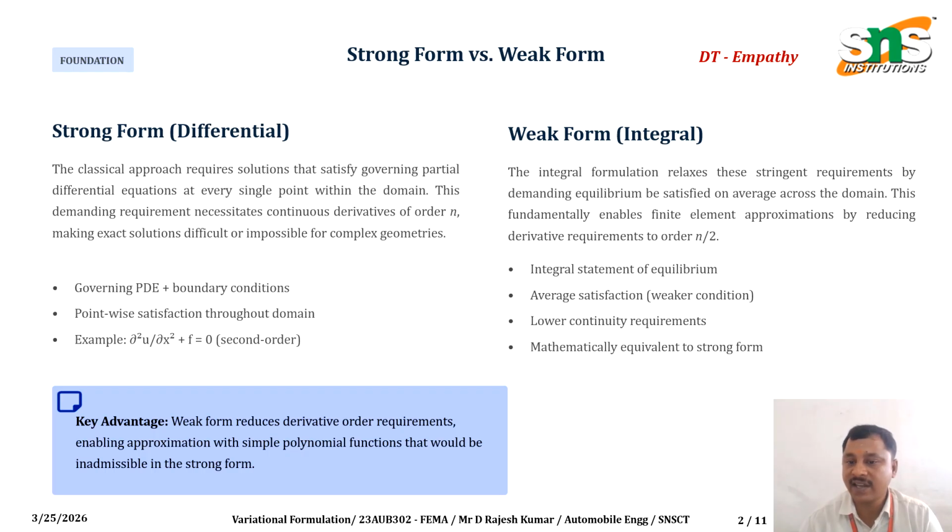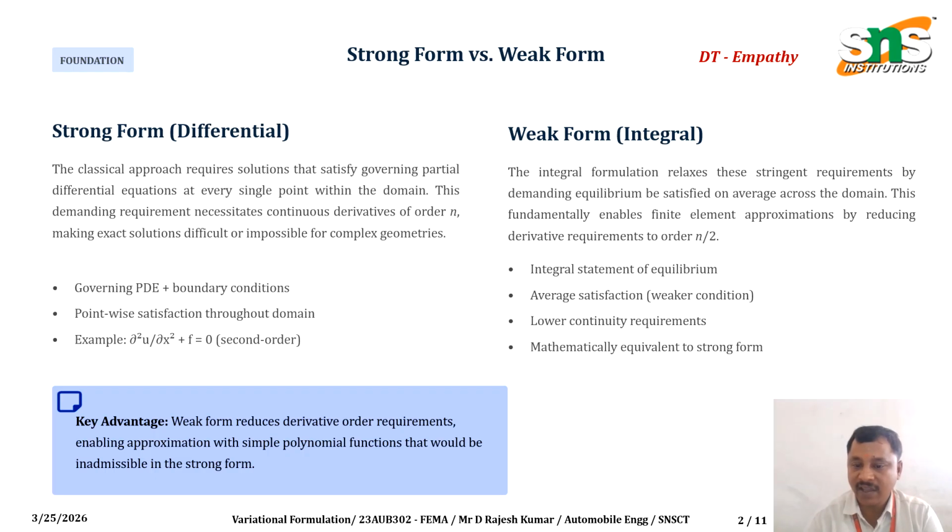So in this slide, we can see the strong form and the weak form. The strong form is also called the classical approach or differential form. In this approach, we require our solution to satisfy the governing partial differential equations at every single point within the domain. Let us emphasize this: every single point.